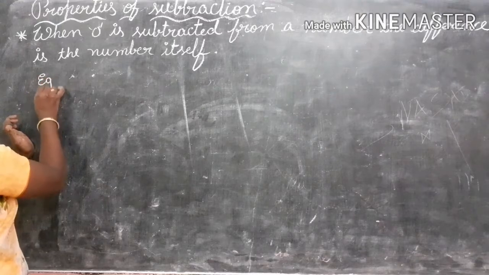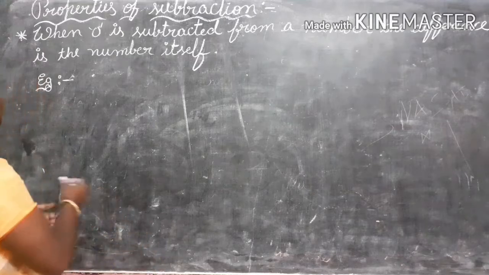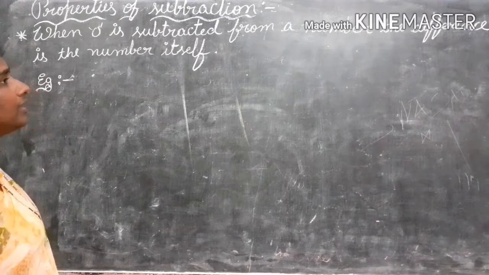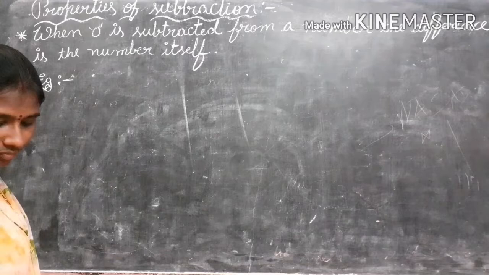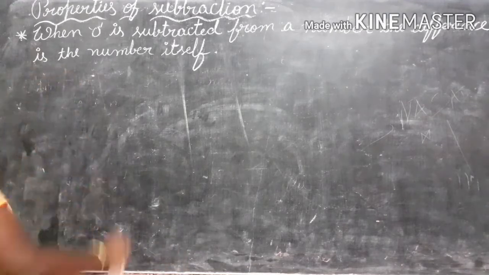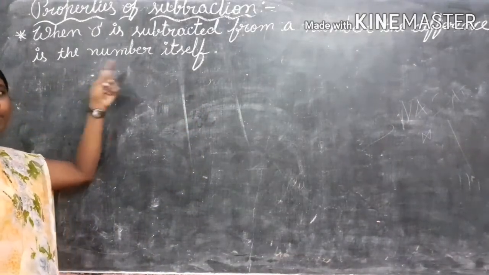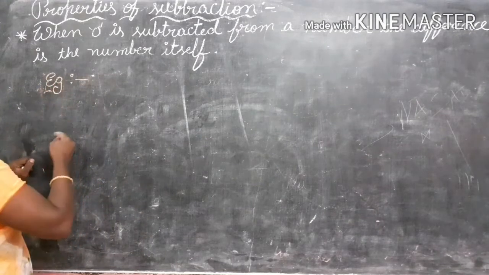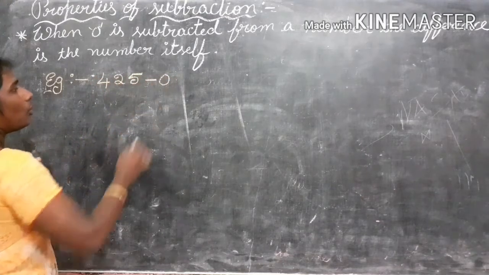Shall we do some examples? Suppose 425 minus 0.